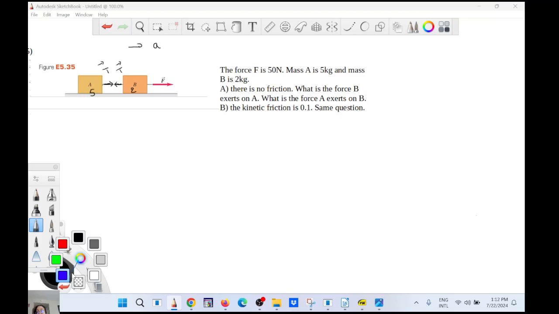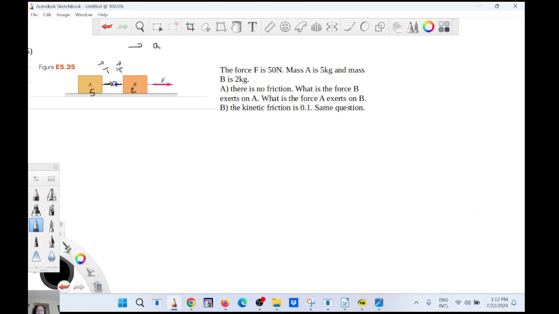So if I was able to put a little scale here, the force will be the same. It's a string, the force is the same. We suppose that the string cannot be stretched. Now, the key here, when you have multiple components in a system, is to choose your system wisely.